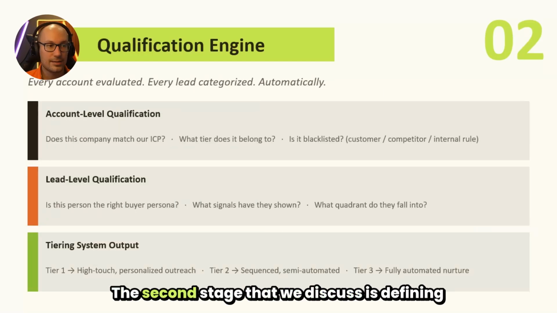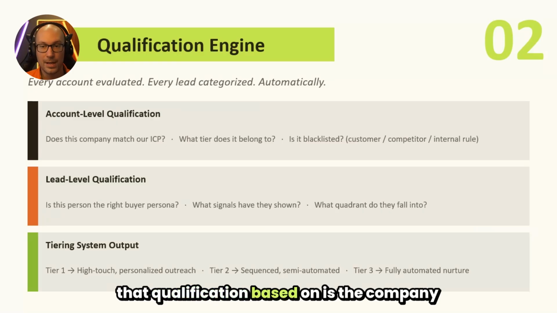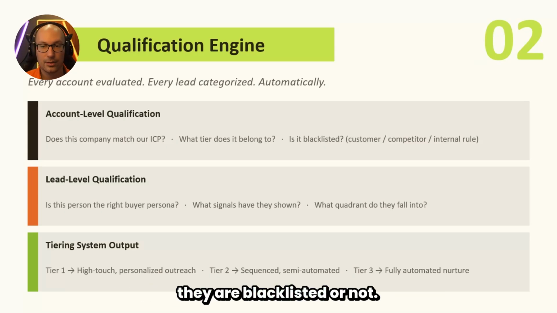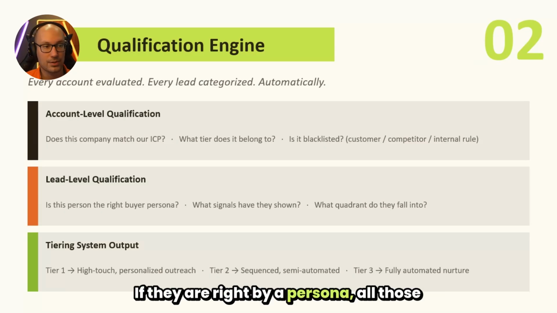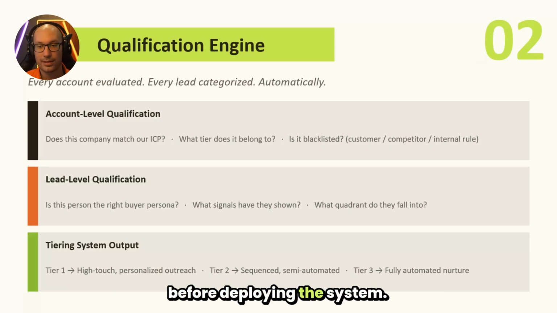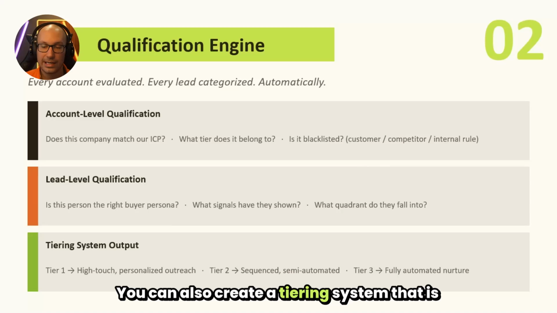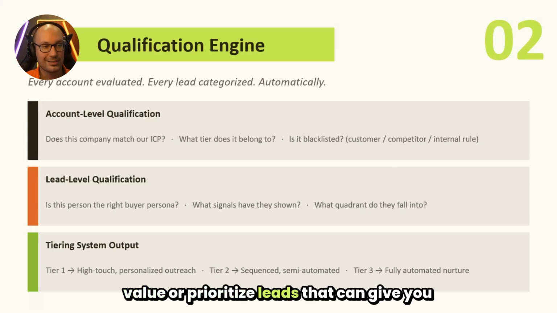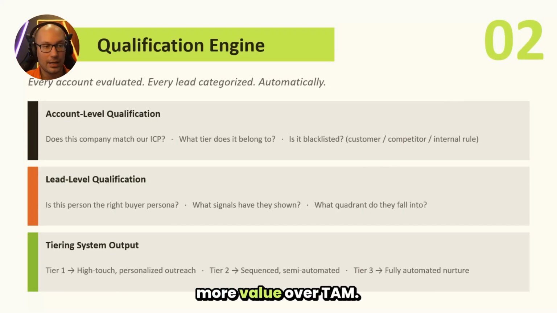and so on. The second stage that we discussed is defining that qualification: does a company match your ICP, which tier they belong to, are they blacklisted or not, are they the right buyer persona. All those questions should be addressed before deploying the system. You can also create a tiering system that is really interesting to help you provide more value or prioritize leads that can give you more value over time.